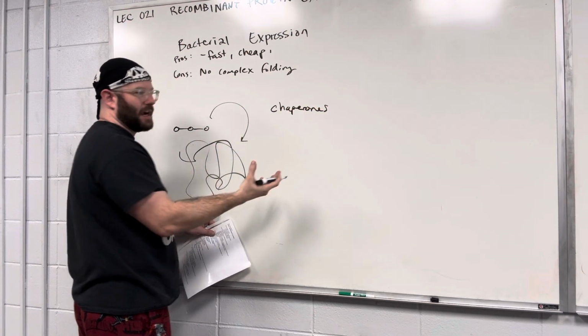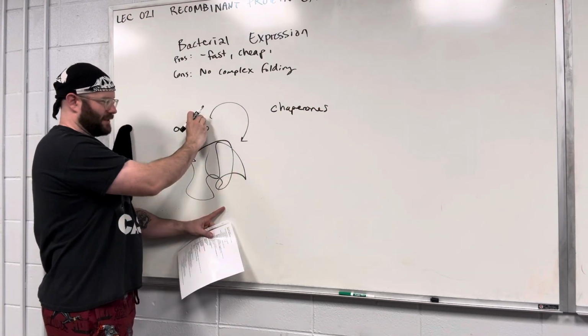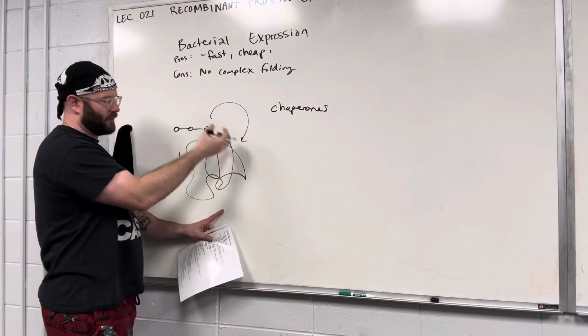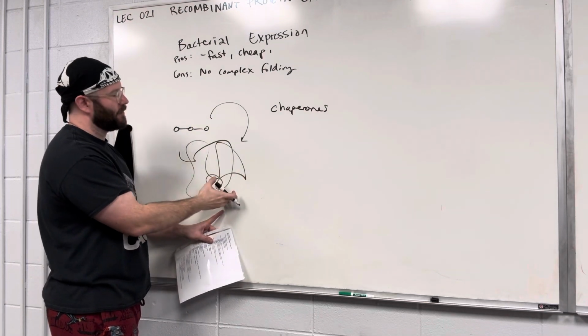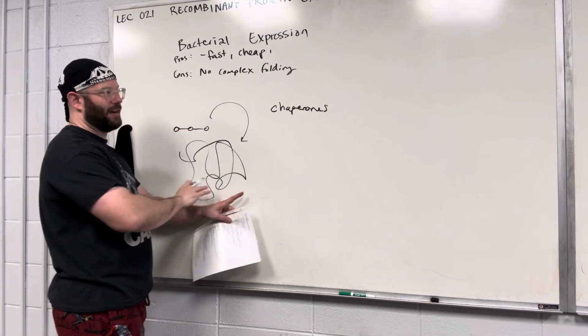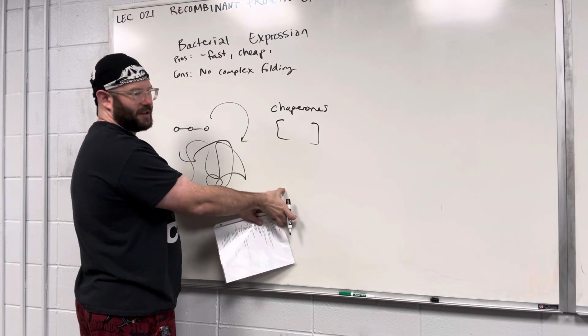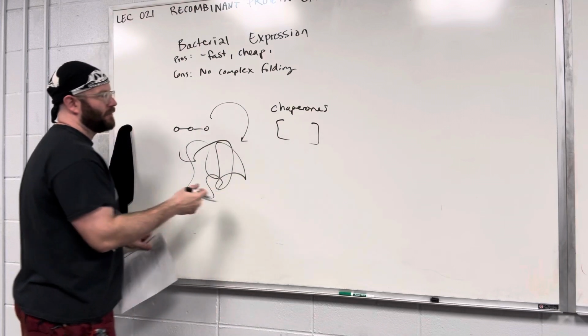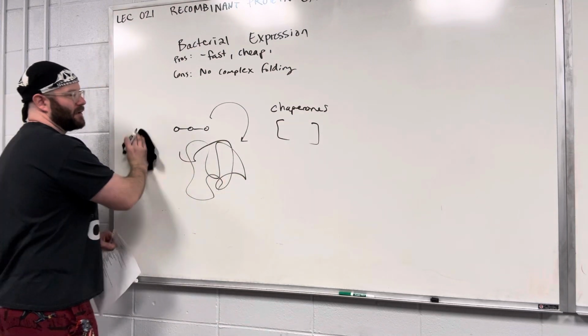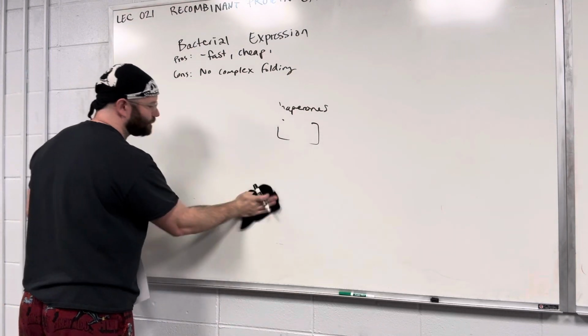A chaperone is actually a protein enzyme that takes the sequence and folds it, bringing proteins to their proper three-dimensional folding. And E. coli is going to have a totally different set of chaperones than a mammalian set of chaperones. So if you need proper folding, E. coli might not be the best system for that.